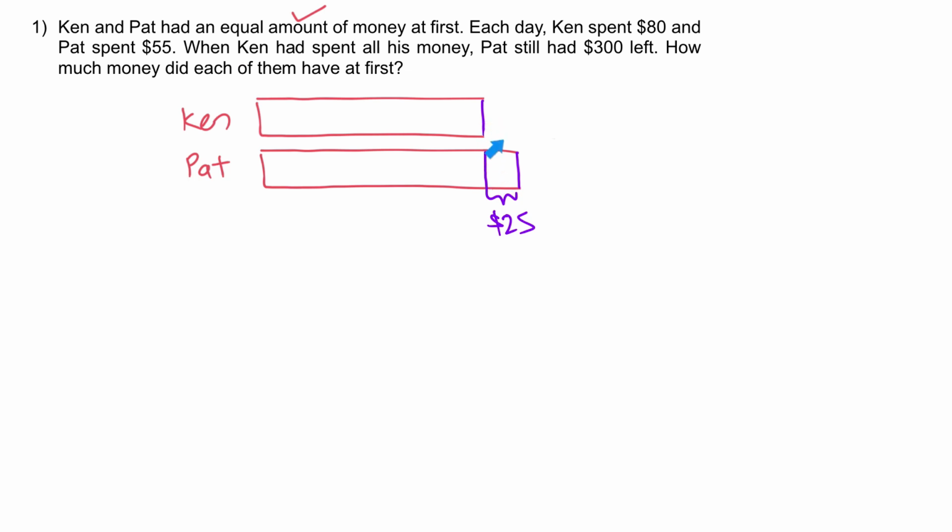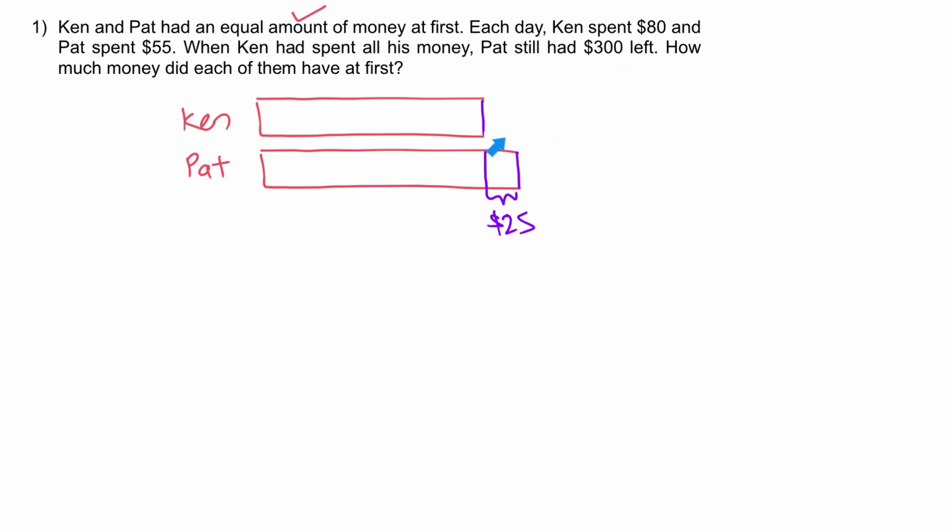What will happen to the gap? It would increase by a fixed amount, isn't it? And what is that fixed amount? $25. So after day 1, the difference is $25. Day 2, the difference is $50. Day 3, $75.